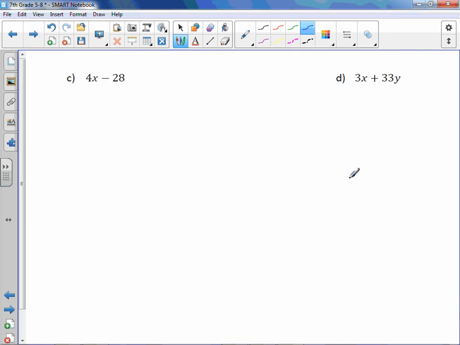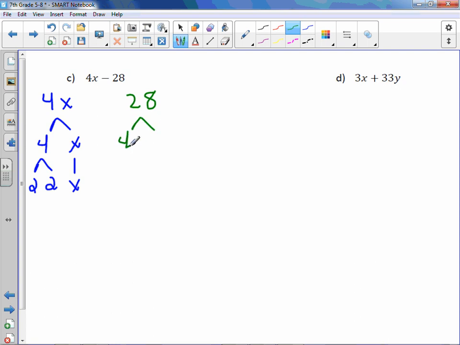Letter C. We have 4x, and then we have 28. 4x, let's split it apart into 4 and x. 4 we can split apart into 2 and 2, and then bring down the x. 28 is 4 times 7, and 4 is 2 times 2, bring down the 7. We have a 2 in common, and another 2 in common.